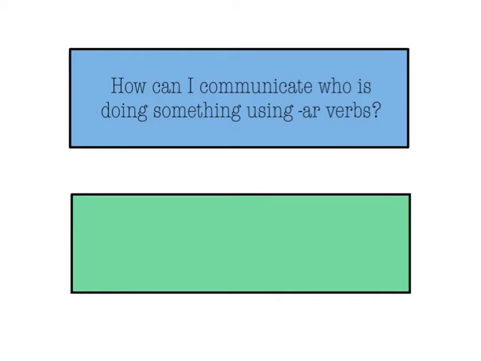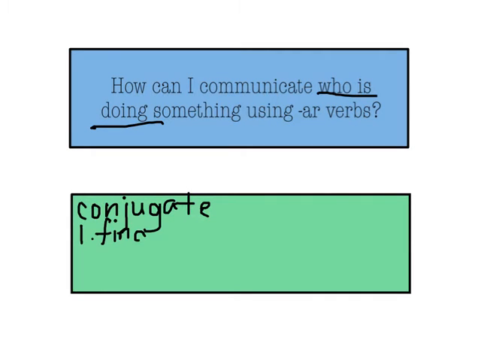So the question that we went into this video asking was, how can I communicate who is doing something using AR verbs? And what we learned to do is we learned to conjugate. Okay, so your first answer is conjugate. And then I just want for you to write down these two steps. Find the stem.